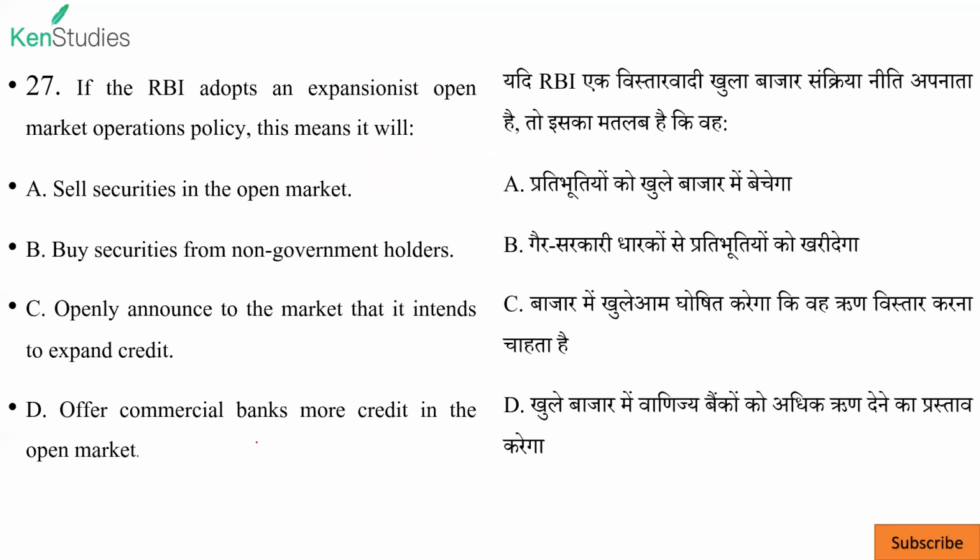Now question number 27. If the RBI adopts the expansionist open market operation policy, this means it will. Expansionist open market operation means if RBI is working on expansionist policy, means it is reducing interest rate, means banks have more leverage to take loan from RBI so that it can lend more.